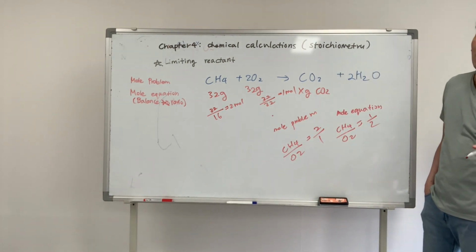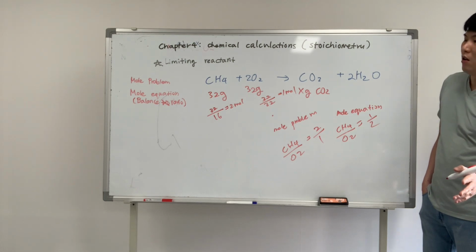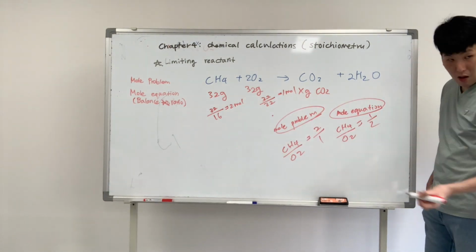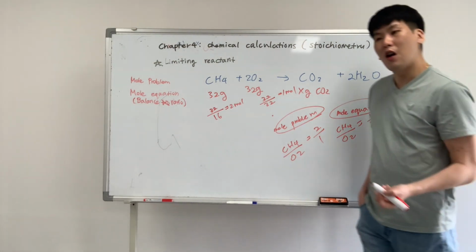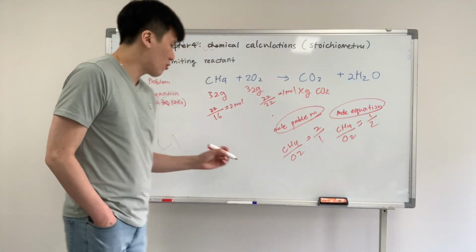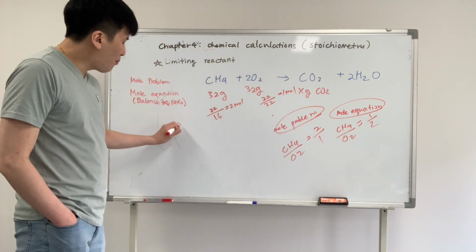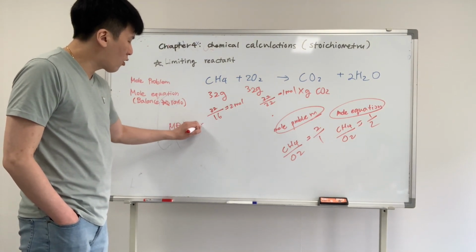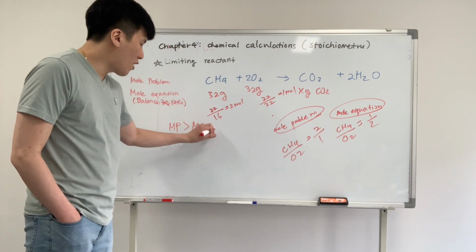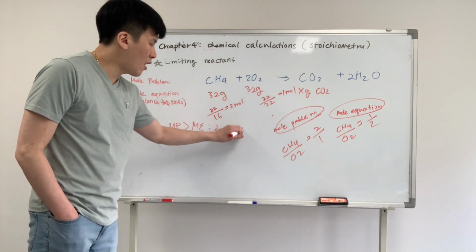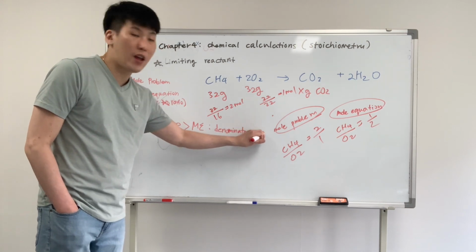Who's bigger? I'm saying, is mole problem bigger or mole equation bigger? Mole problem. So that's the rule. That's the formal manual. Here, let me write it down. If mole problem, NP, is greater than mole equation, then the 1 in the denominator is your limiting reactant.